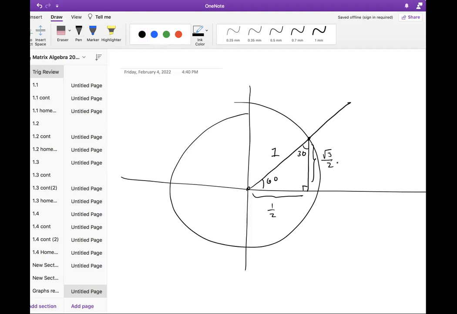So this automatically tells you what sine and cosine of those angles are, right? So that means that cosine of 60 must be 1/2. Sine of 60 must equal radical 3 over 2.